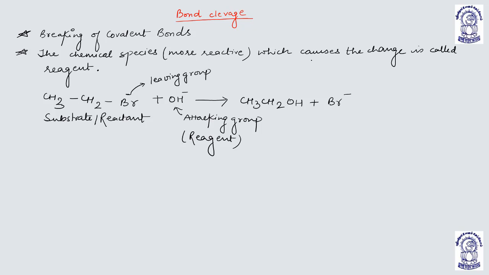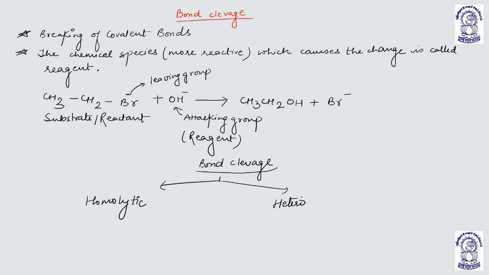Now, breaking of covalent bond is known as what? Bond cleavage. Okay, it is of two types: homolytic and heterolytic. Homolytic bond cleavage leads to the formation of free radical as the main product, and heterolytic leads to the formation of cation and anion.